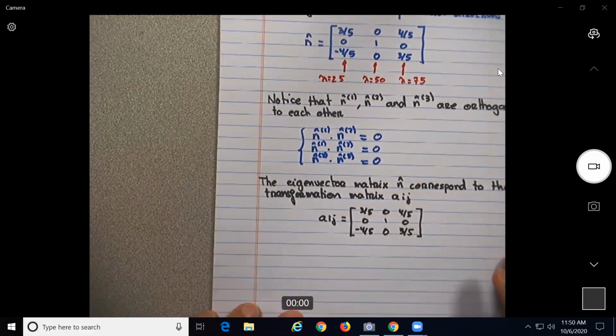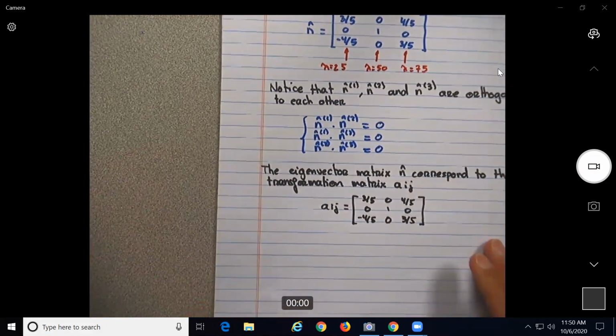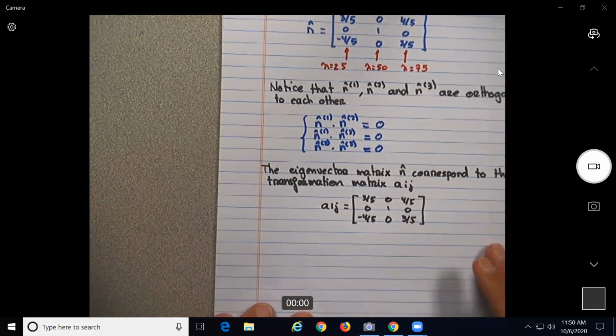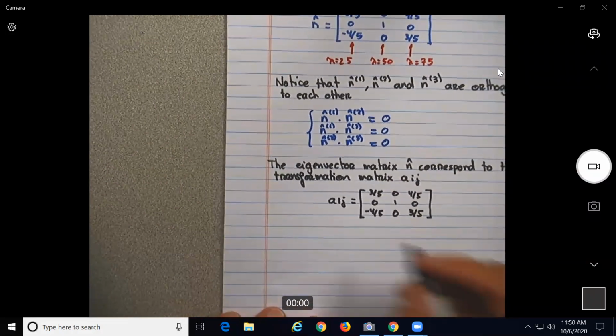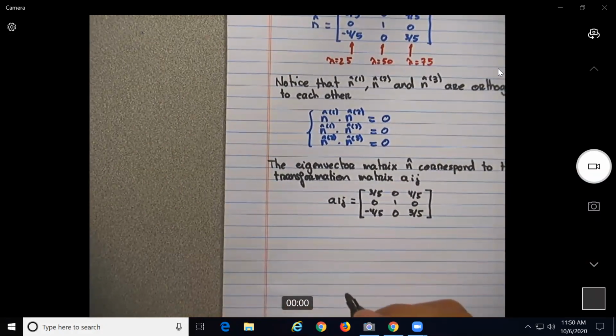Again, these are important properties, so the eigenvalue, eigenvector problem. All right, and I think this would be the last thing. Right.